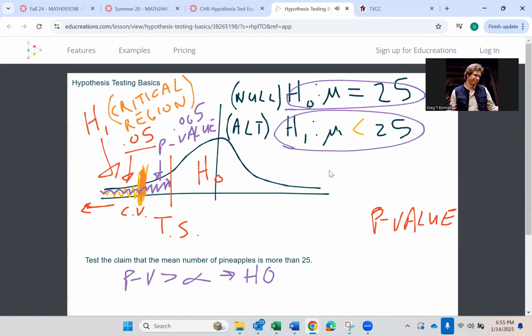However, if the test statistic were not to the right of the critical value, but over here to the left of it, then the amount of area from that point to the end of the tail would now be smaller.